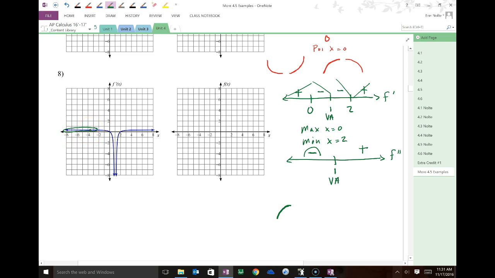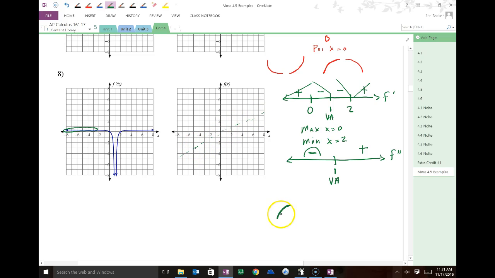There could be a slant asymptote, and it looks like the slant could potentially be at like 1/2. So imagine there's some kind of slope at 1/2, and maybe it doesn't go through the origin, but maybe it's up or down, who knows, we don't know that.